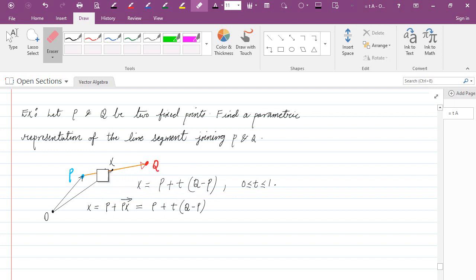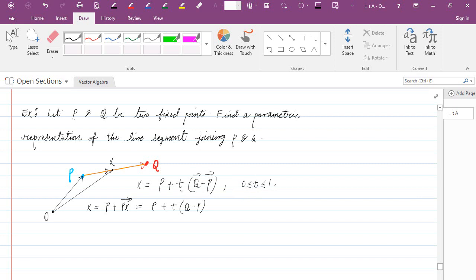So Q minus P obviously is parallel to this line segment, the vector Q minus P. So if I write x is equal to P plus t times (Q minus P), and if I allow t to be any real number, then I get the equation of the line passing through P and Q. But if I want just the points on the line segment from P to Q, then we restrict t to be between 0 and 1.